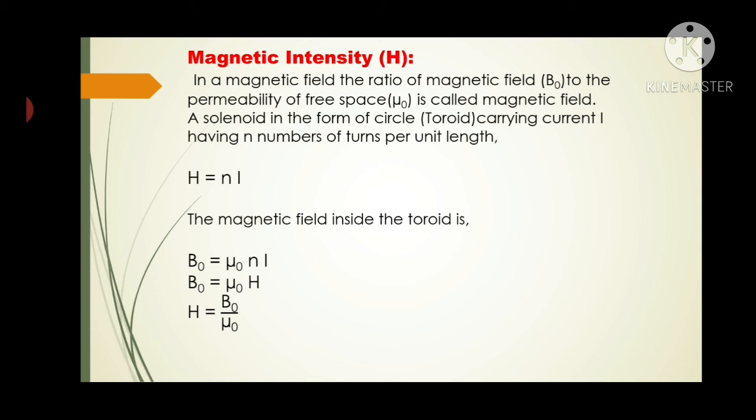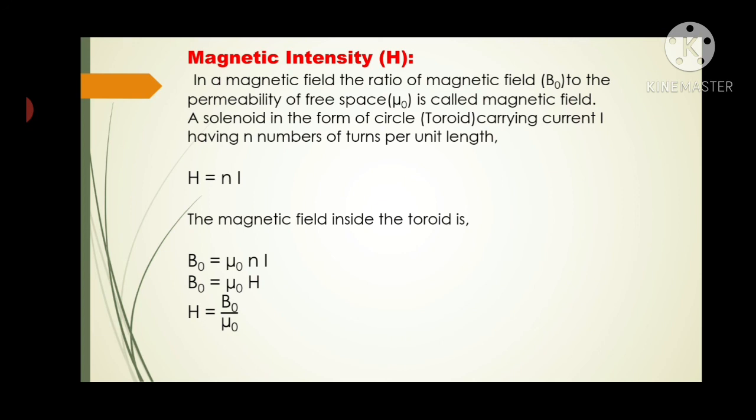Then it will be H is equal to nI. This H is the magnetic intensity. Small n is the number of turns of the wire on the toroid, and capital I is the current. Now the magnetic field inside the toroid will be B naught is equal to mu naught nI.